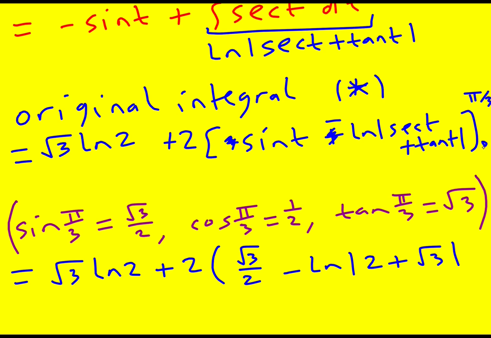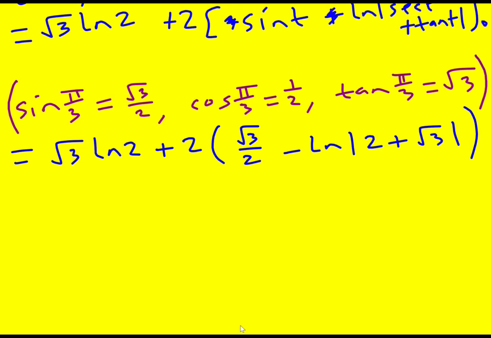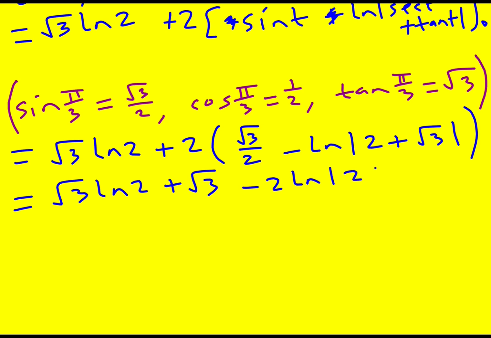The only thing I've got to do is substitute 0 in, but I don't get any contribution here. And here I get ln 1, so I also don't get a contribution. When I multiply the bracket, I'll just get root 3 and then minus 2 ln of 2 plus root 3.